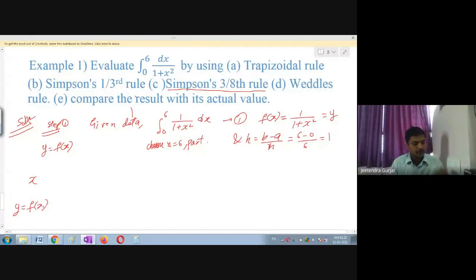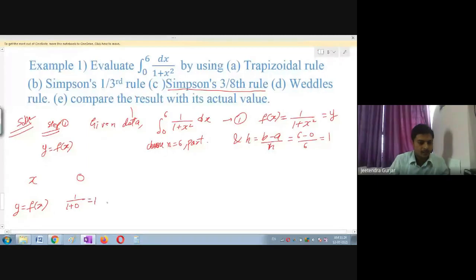Students, please be ready with the calculator. Even I will take the calculator and sit. First I will start with 0. Substitute 0 in this value. You have to calculate like this: 1 divided by 1 plus 0, so this will be equal to 1.